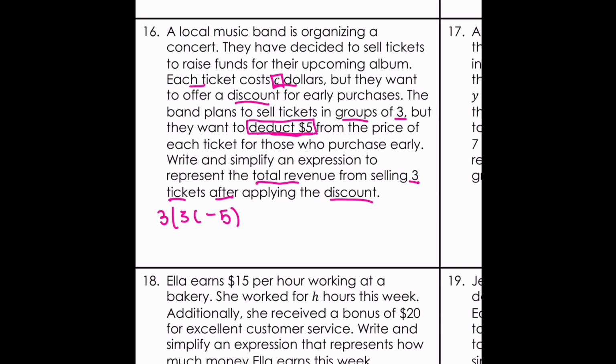Okay, so they're wanting us to deduct that $5. Okay, so now I've written the expression, now I'm going to simplify it. So to simplify, I've got to distribute the 3 to the 3C. So I've got 3 times 3C, which would give me 9C, and 3 times negative 5, which would give me negative 15. That is it.